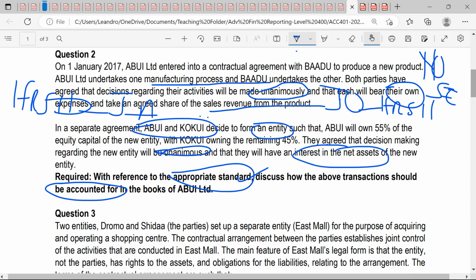And this is where you pause and you conclude. You will now conclude that this arrangement is a joint venture because the parties to the arrangement have interest in the net asset and are not interested in the assets and liabilities, rather the net.